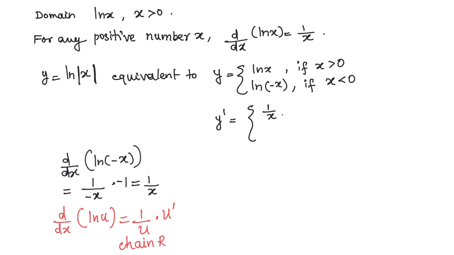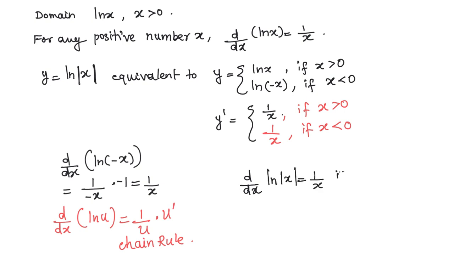That is the chain rule. So if x is negative, also we are getting the derivative is equal 1 over x. If x is greater than 0, also it is 1 over x. From this we can conclude that derivative of ln of absolute value of x equal 1 over x for all x not equal 0.